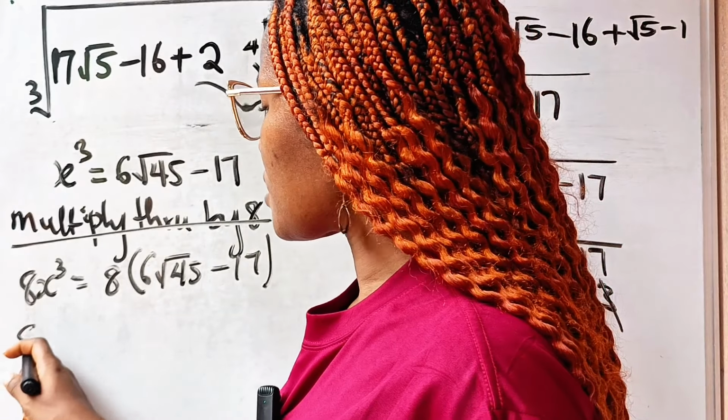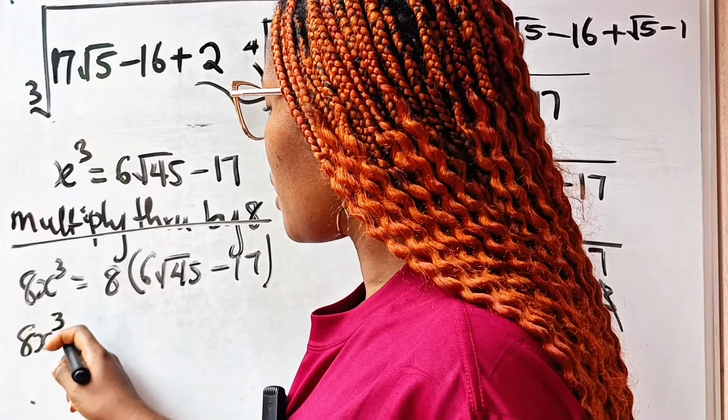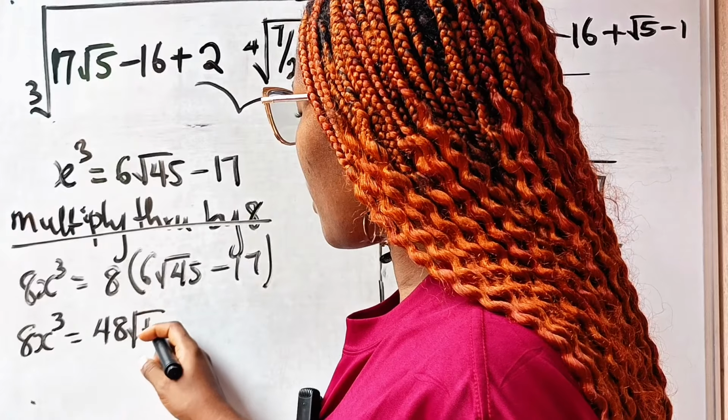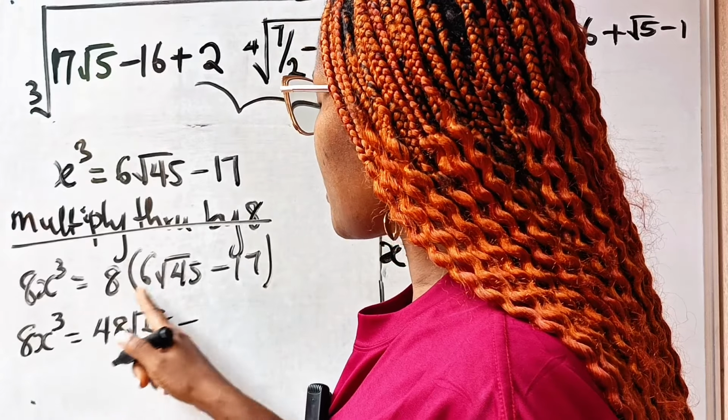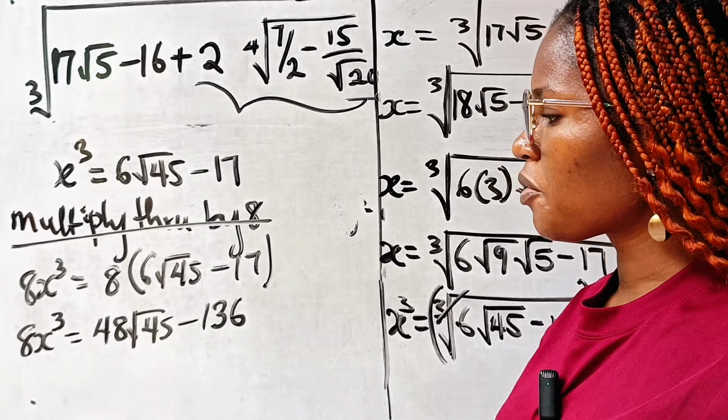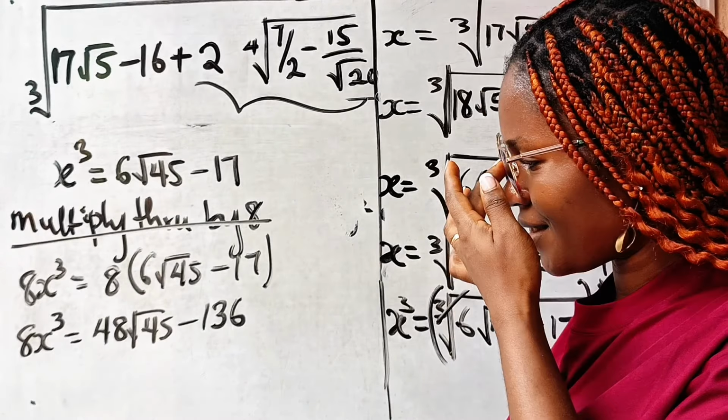So now we have 8x to the power of 3 is equal to 8 times 6 is 48, so you have 48 root 45 minus 8 times 17 is 136. Remember that we are trying to simplify this.